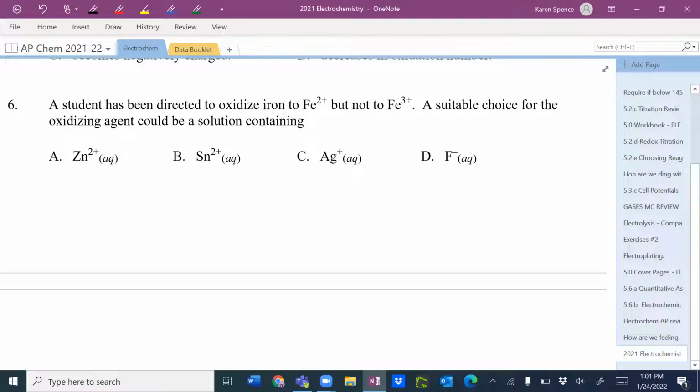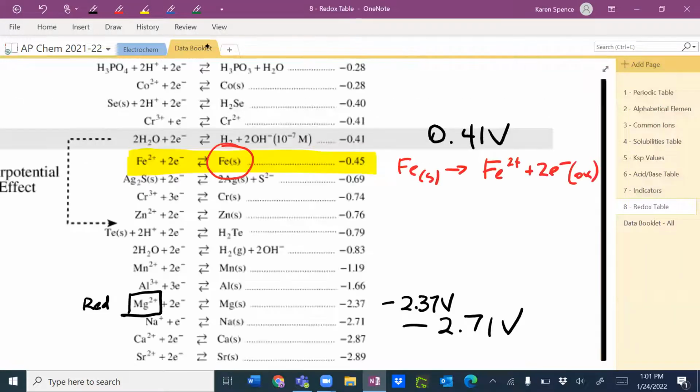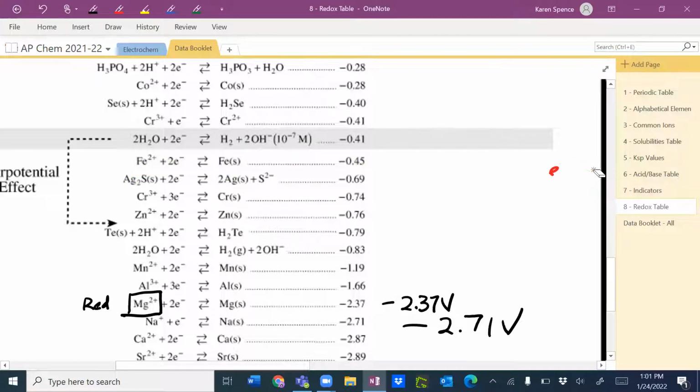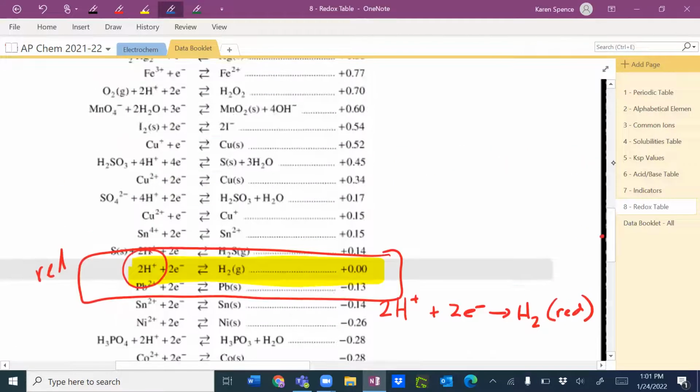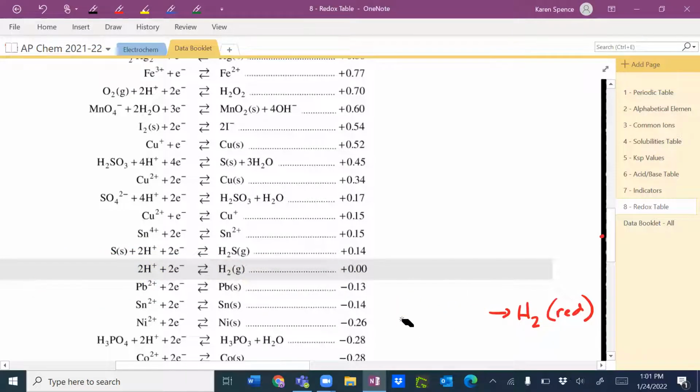And I want to take Fe to Fe2+, but not Fe3+. Okay, data booklet. Okay. So I want to take iron.